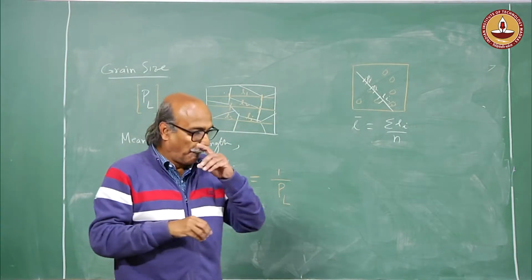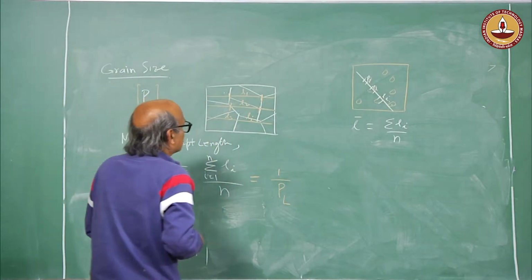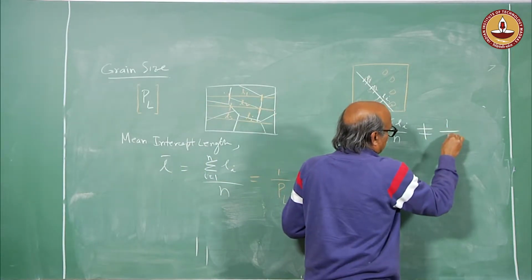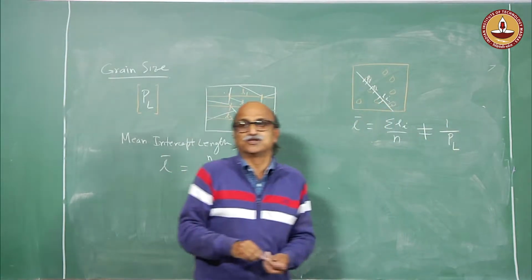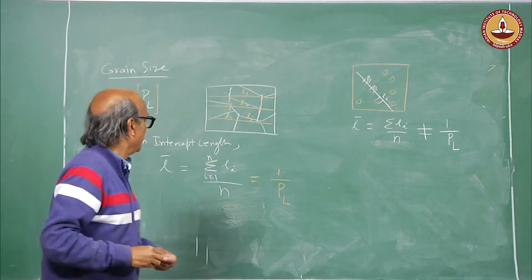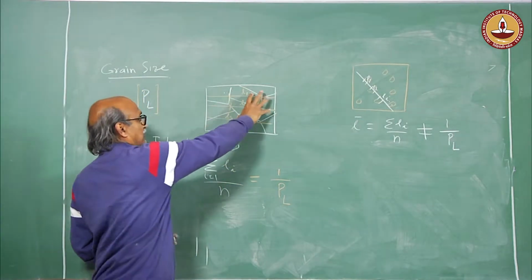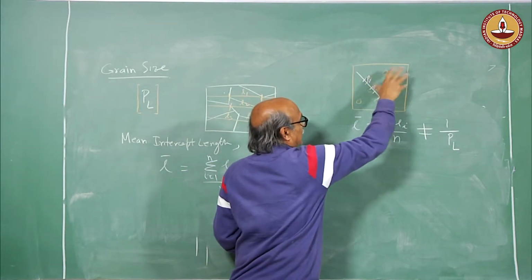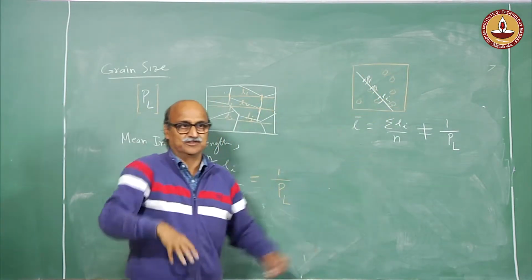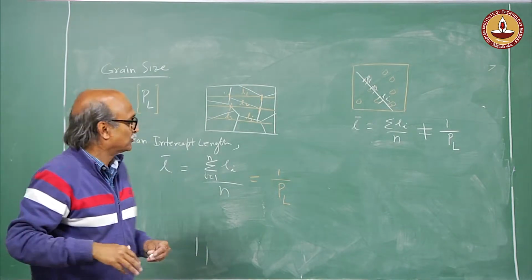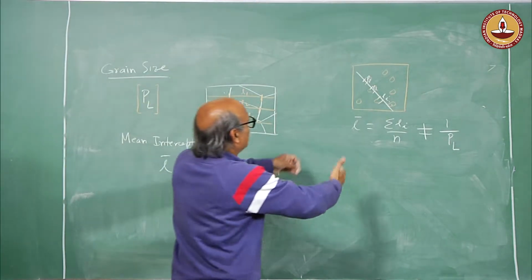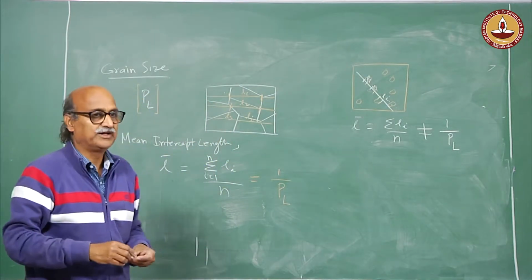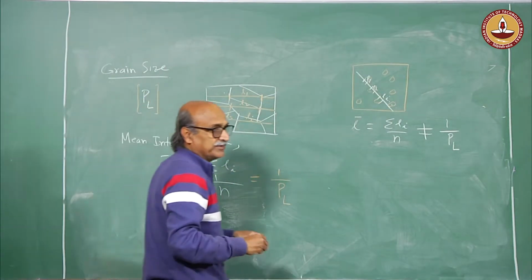Now, here the mean intercept length will not be equal to 1 upon PL. This will work only when you have space filling grains. Here you have this other phase, these particles are embedded in some phase. But I would like to still evolve some kind of a counting procedure for this. Now, this is done in the following way.